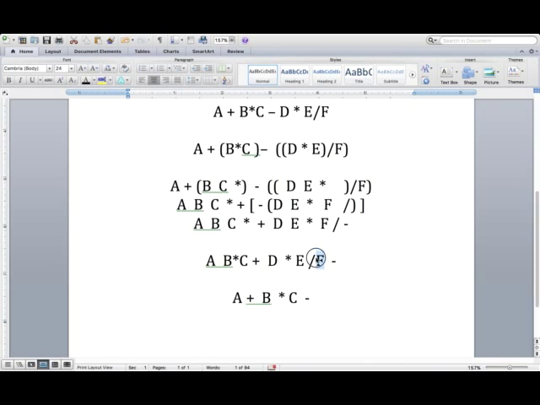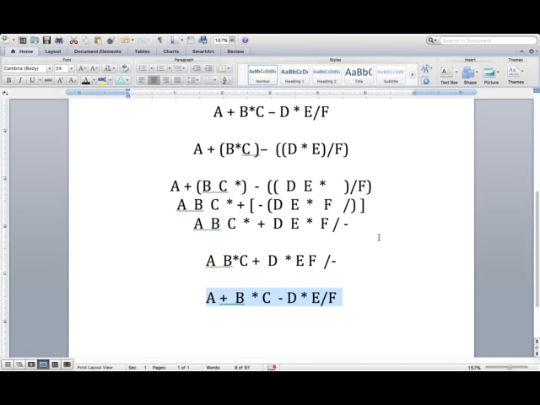Oh actually this was here, sorry about that. Yeah, I inadvertently put it there, but it was here, doesn't matter. So this was one operand and this is the other operand, so just do D into E divided by F. So can you see that this form and this form is identical?